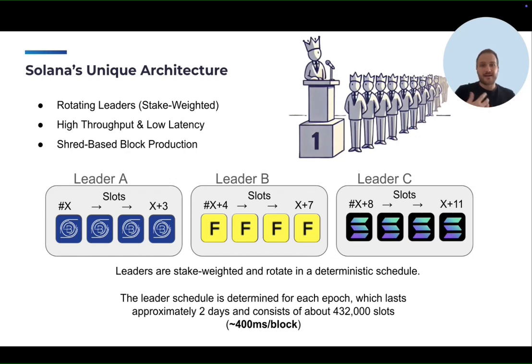And the way a leader is chosen is probabilistic, weighted by how much stake they have on their validator. And then this rotates through. They get 4 blocks to be the leader for every slot. And really, when they're the leader, they're in charge of creating the block. So they get all transactions sent to them at that point in time. They compile the block, and they then propagate this block to the rest of the network in the form of shreds.